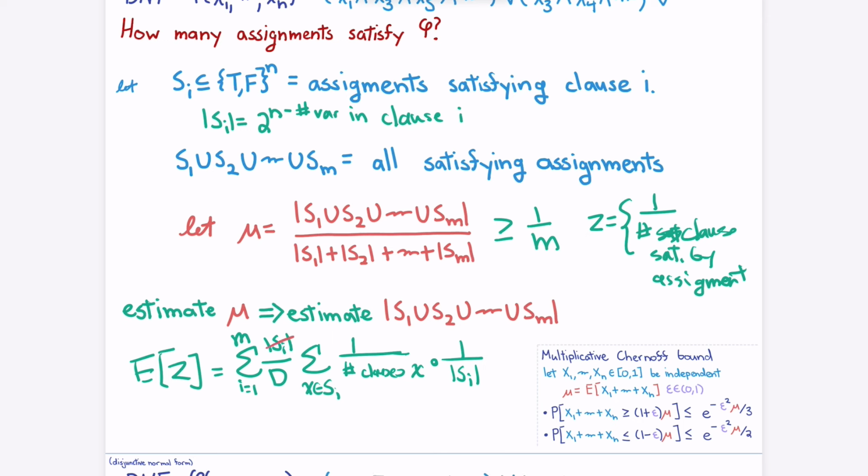So these things cancel out, and now we have 1 over d, and I'm going to interchange sums, summing over all the possible x in S_i's union, 1 divided by the number of clauses containing x, times summing over all the sets i containing x, 1.